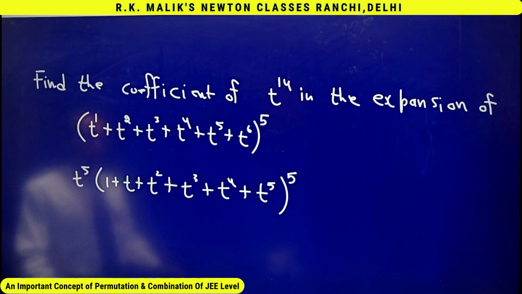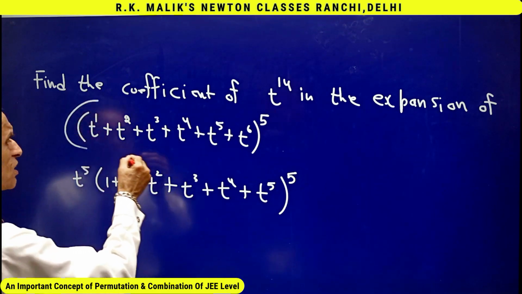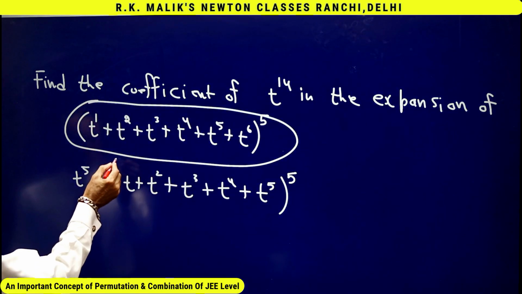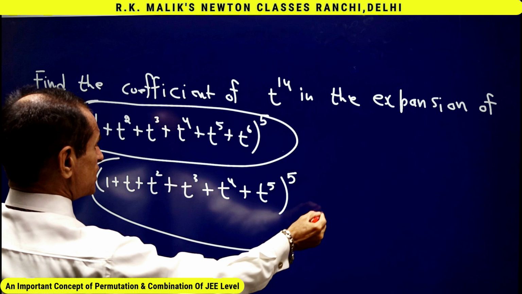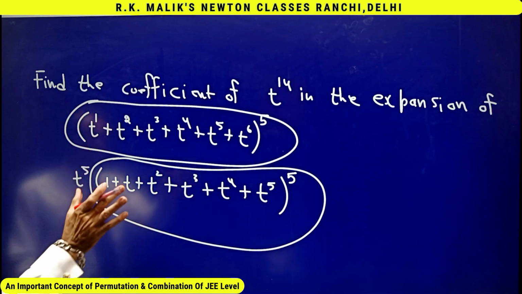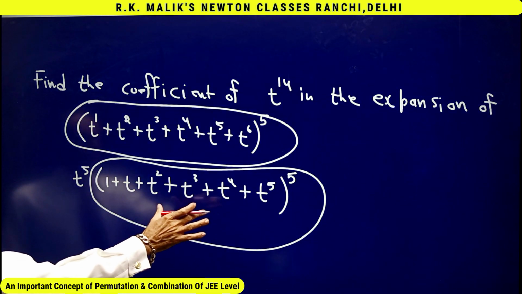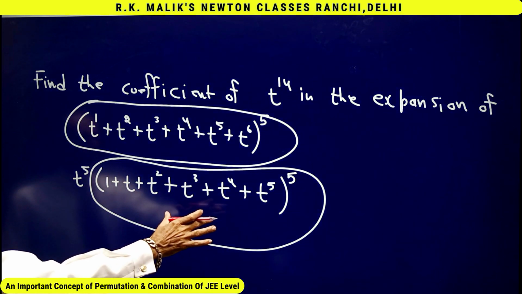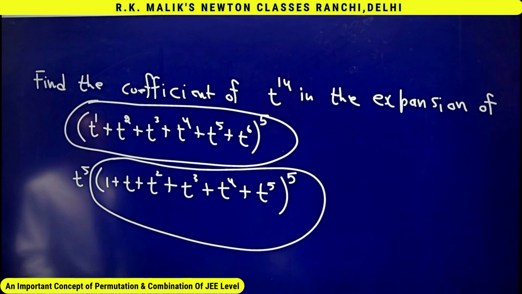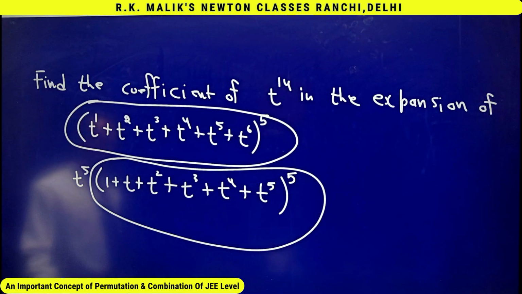Actually, because I have to find the coefficient of t to the power 14 in the expansion of this, it means I have to find the coefficient of t to the power 9 in the expansion of this, because the term containing t to the power 9 in the expansion of this, when that term will be multiplied by this, that term will become t to the power 14.